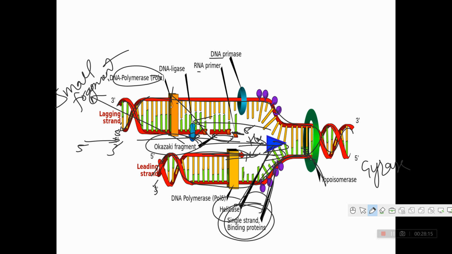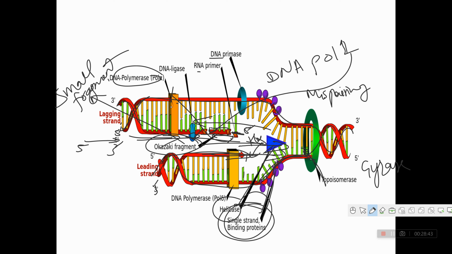After the synthesis of this Okazaki fragment, what happened? DNA polymerase 1, DNA pol 1 came and bound with this. They move in the 3' to 5' direction and remove all the mispairing of the nucleotide and remove the primer, the RNA primer.